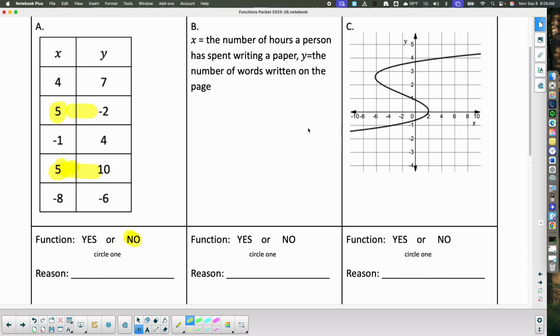Now, if you took this to mean one person wrote a single paper and recorded it along the way, then yes, the answer would be a function because every time they recorded should only have one specific answer. So it's not a very clear question, and it depends on how you interpreted it. Okay, third one definitely has a very specific answer.